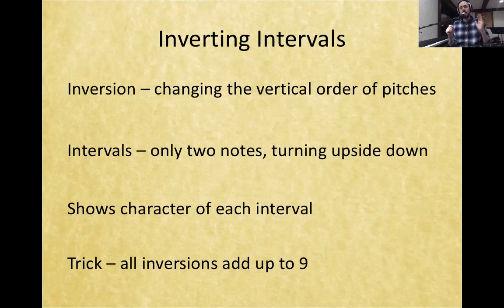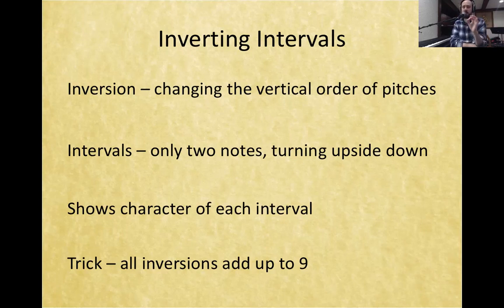So the first thing to talk about is that there is a little bit of a trick with inversions, and this deals with the quantity of the interval, which is the number. Right now, we're not worried about the major, minor, augmented stuff. We're only worried about the quantity, the second, fourth, sixth, whatever.